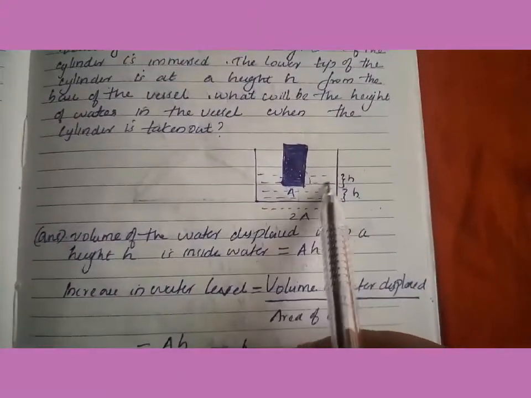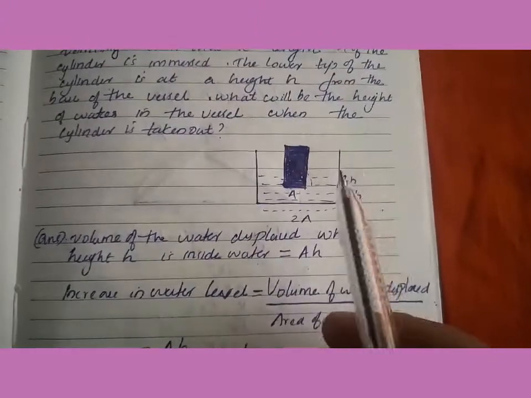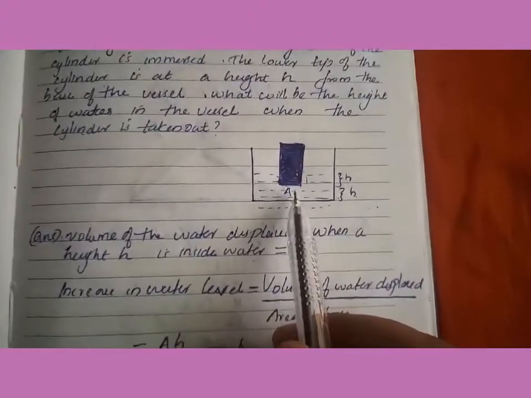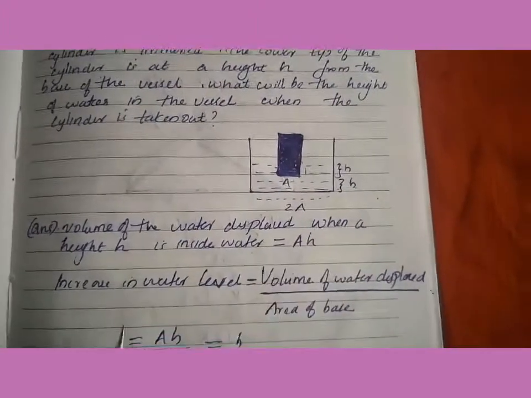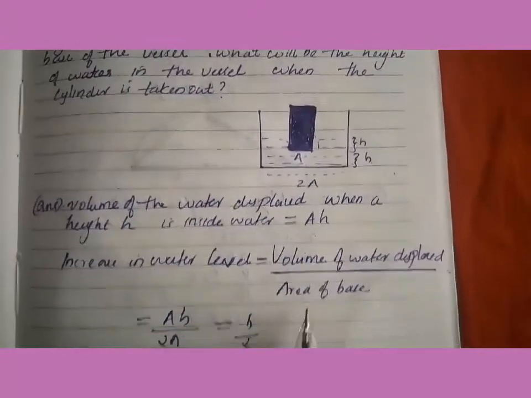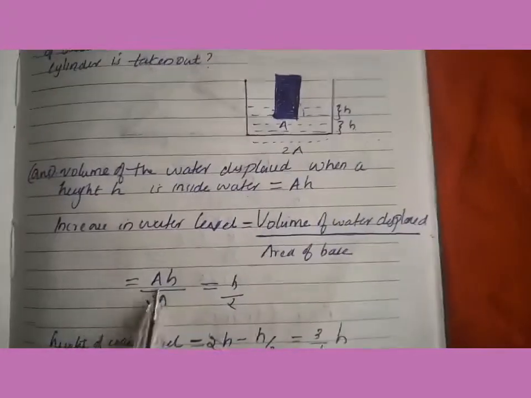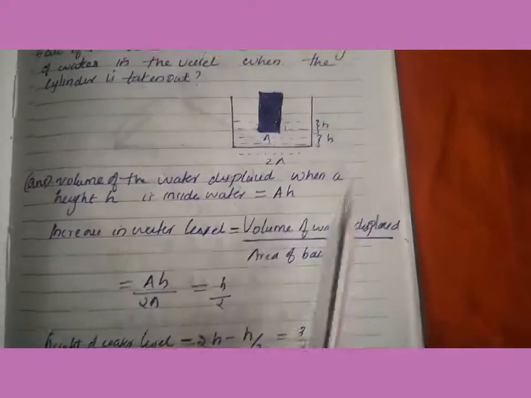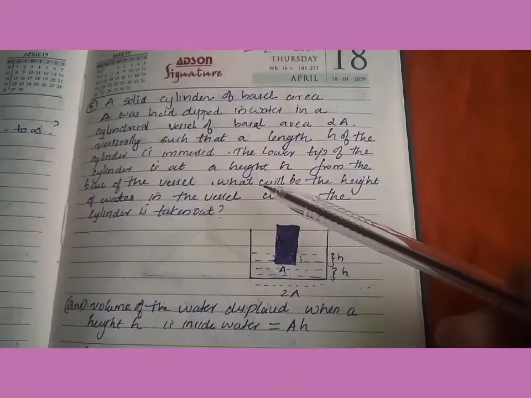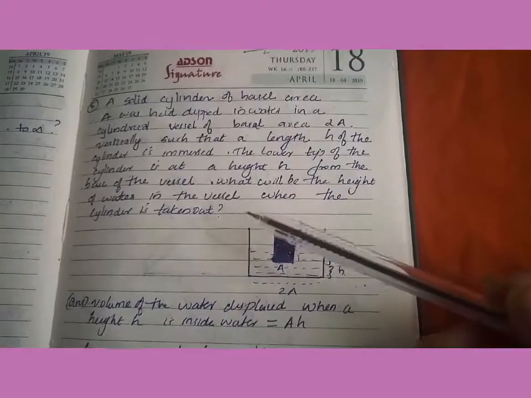So we know how to find the displaced water, that is, the volume of this portion, area into height, that is Ah. And the increase in water level we already know: the volume of water displaced divided by the area of the base, that is Ah divided by 2A, that is h by 2. What they actually wanted is the height of water in the vessel when the cylinder is taken out.